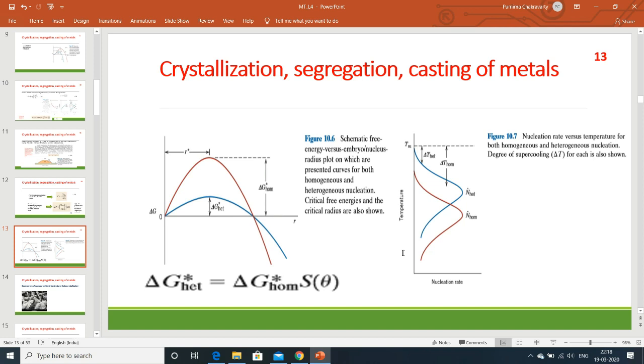You can see that for homogeneous nucleation the temperature difference, the amount of cooling needed, is high, whereas for heterogeneous nucleation the cooling needed is comparatively low, and hence that is another reason why heterogeneous nucleation is more likely to take place.